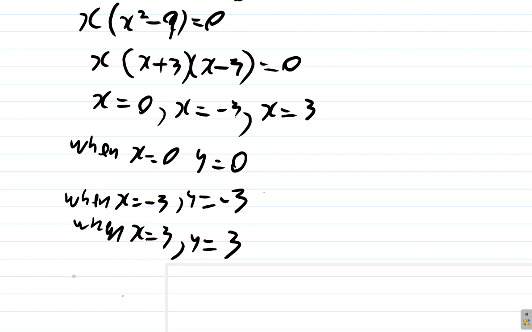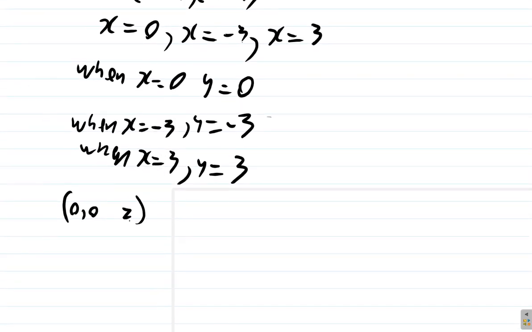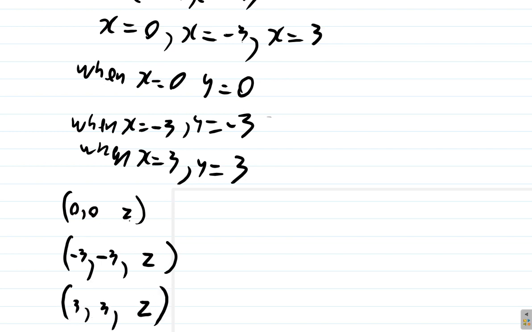So what we have are 3 points already: 0, 0, then negative 3, and 3, and we can find the z location for each.